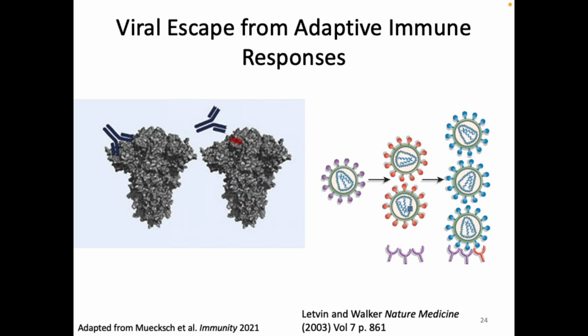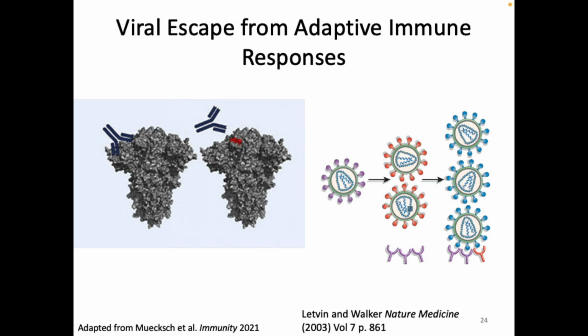I want to mention one other thing super briefly. You know about viral escape from adaptive immune responses, and there are strong selective pressures for viruses to escape from adaptive immune responses. We can think about this happening with antibodies.